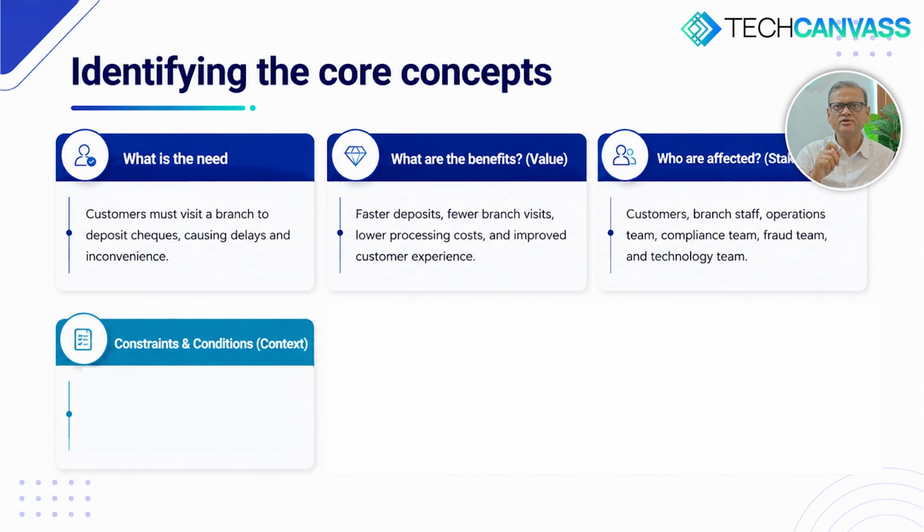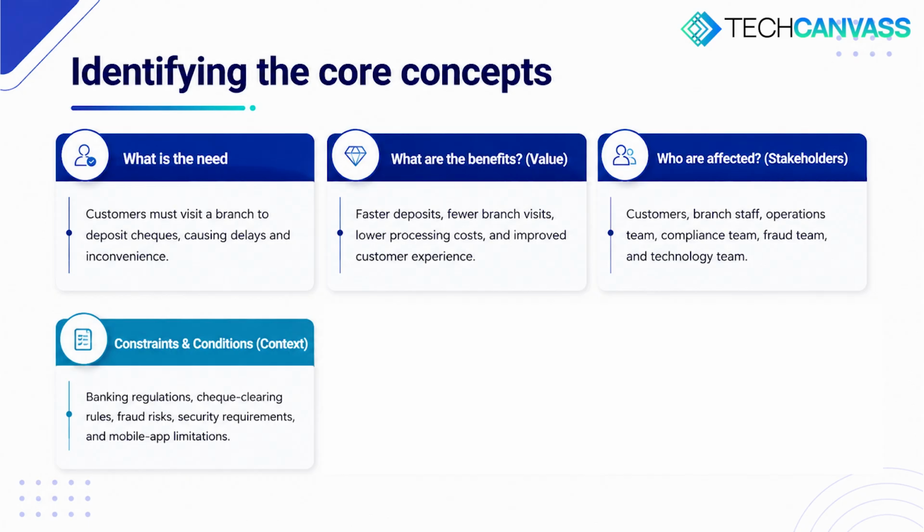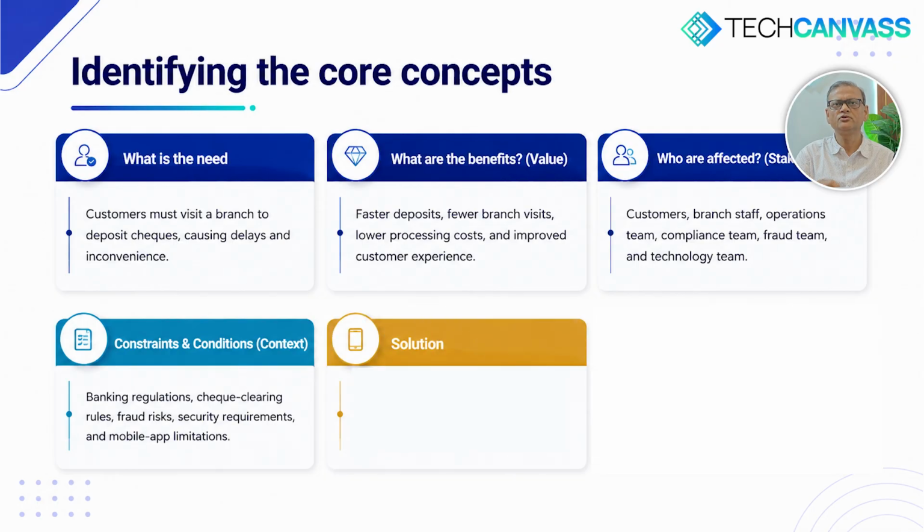So the fourth thing is about the context. As I discussed earlier, it is about the constraints and the limitations in the bank. So what could be these? It could be related to banking regulations, which is a major constraint in the entire system, check clearing rules, fraud risk, security related requirements, and mobile app limitations. Next would be the solution.